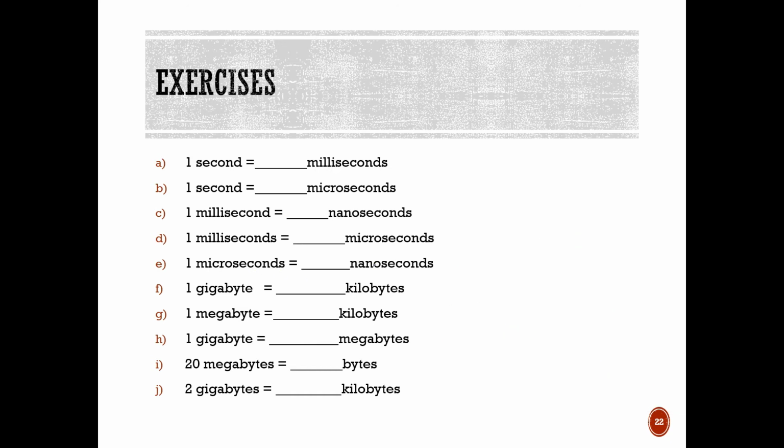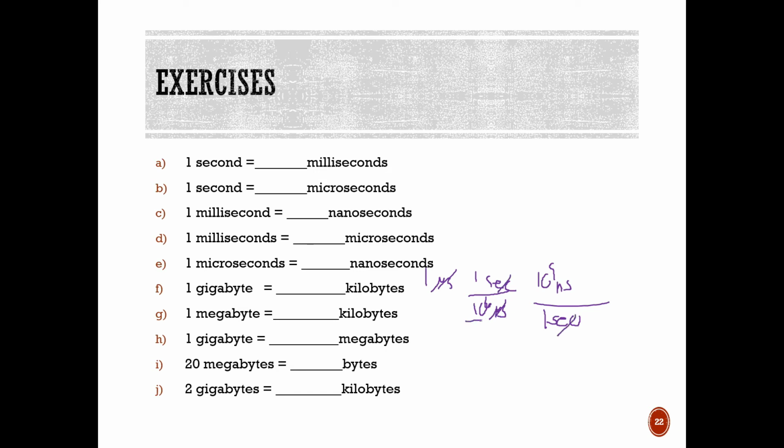Next one, microseconds into nanoseconds. Same thing. 10 to the 6 microseconds in 1 second, and 1 second is 10 to the 9 nanoseconds. Microseconds cancel out, seconds cancel out.